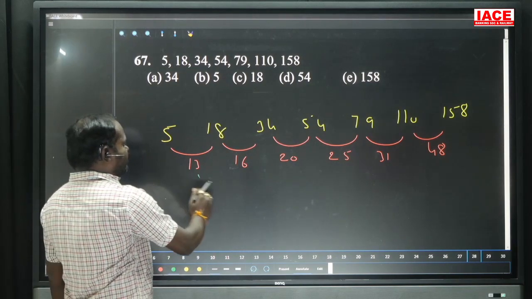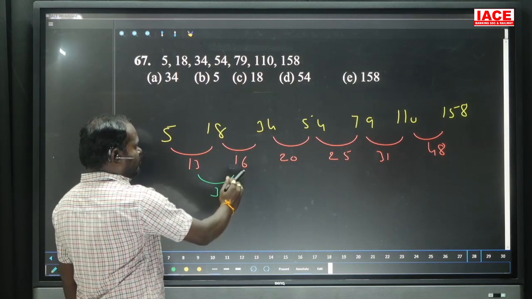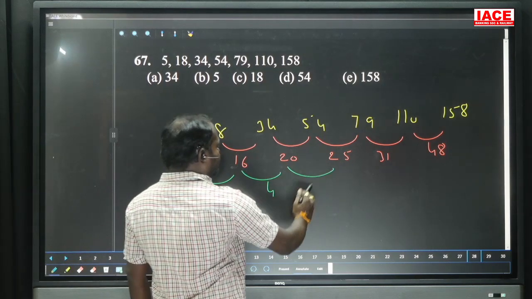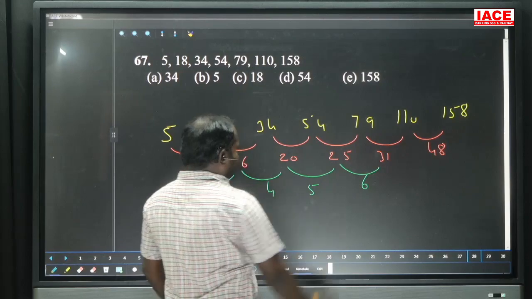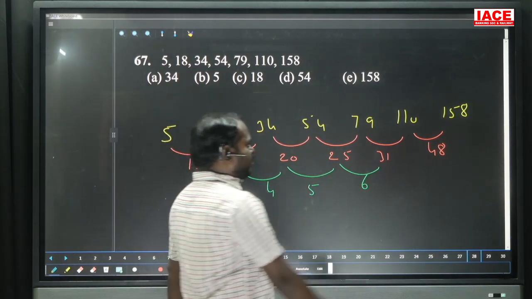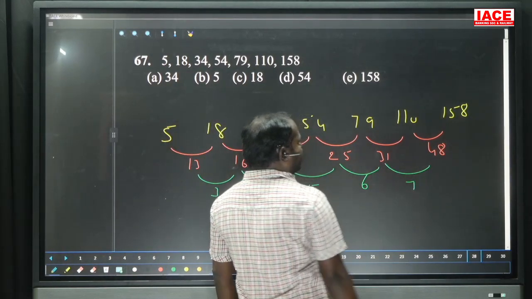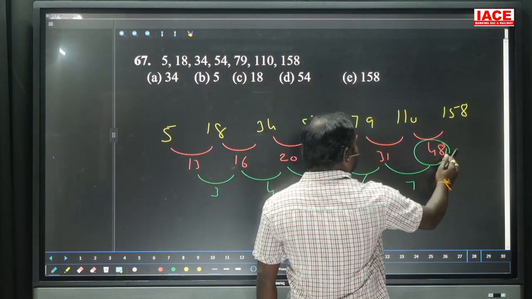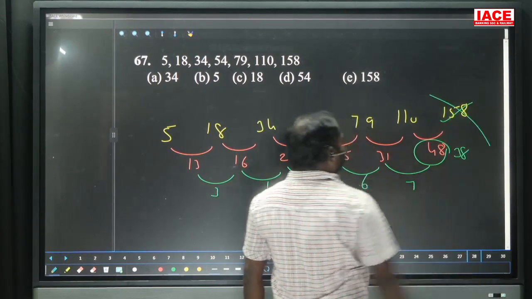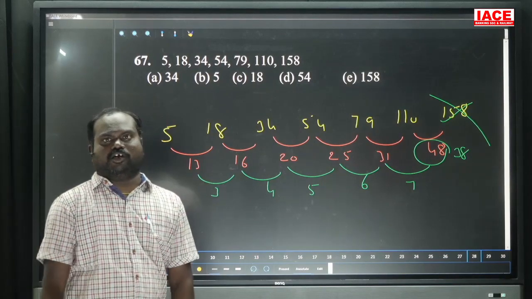If you observe the second differences, 3, 4, 5, 6, next should be 7. 31 plus 7 should be 38, that means it is a wrong number. 158 is the wrong number. Next.